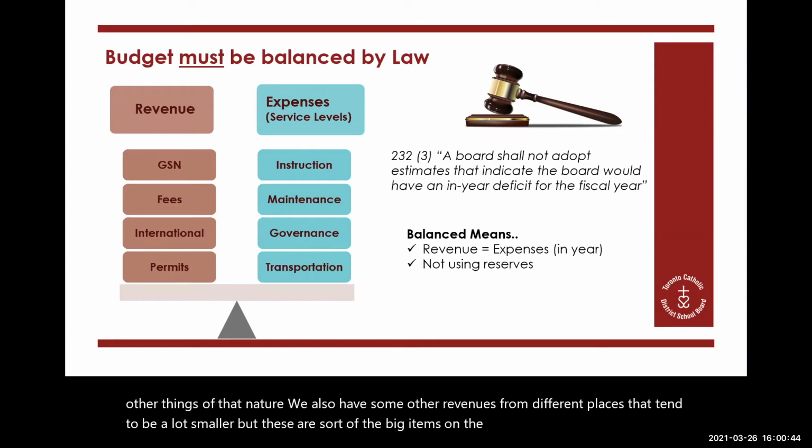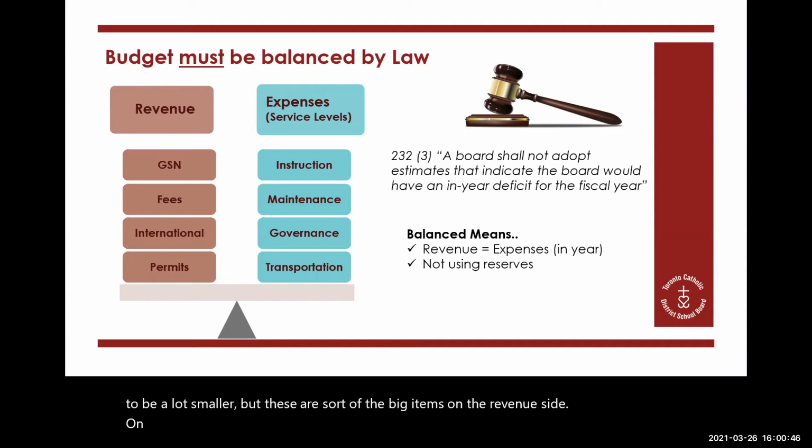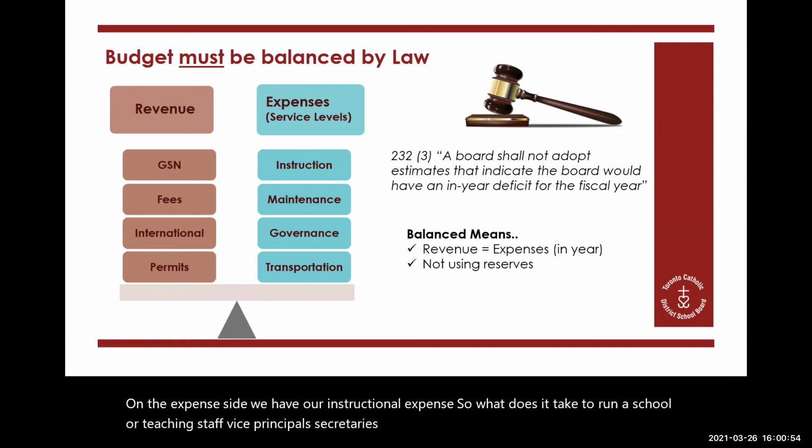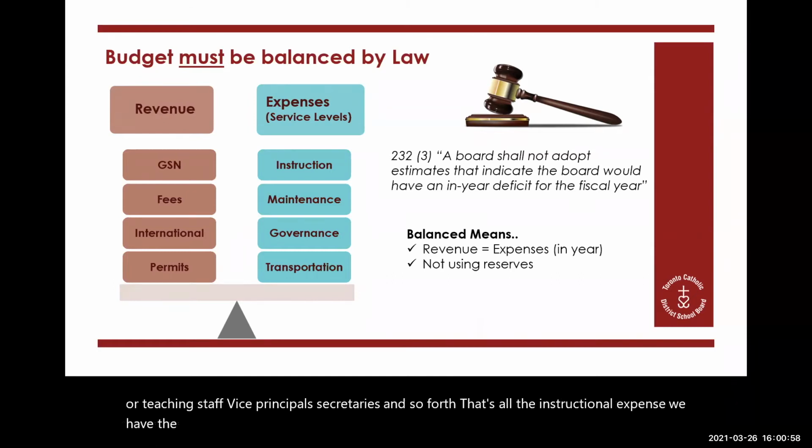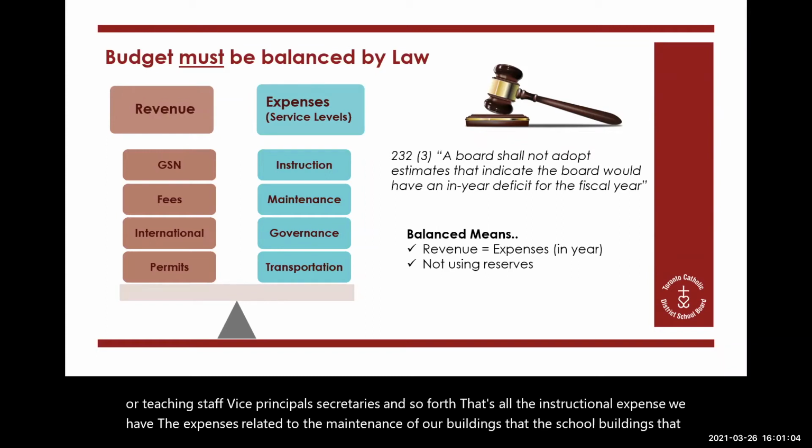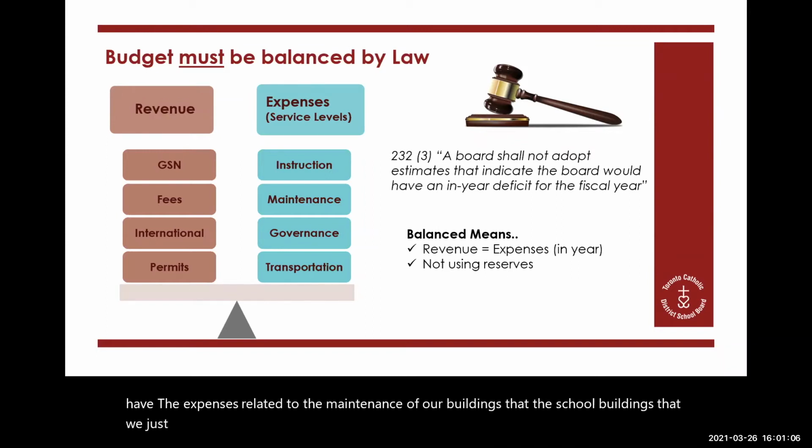On the expense side, we have our instructional expense. So what does it take to run a school? Our teaching staff, vice principals, secretaries, and so forth. That's all the instructional expense. We have the expenses related to the maintenance of our buildings. That'd be school buildings, that'd be just maintaining them, utilities. We also have expenses for repairs and so forth.